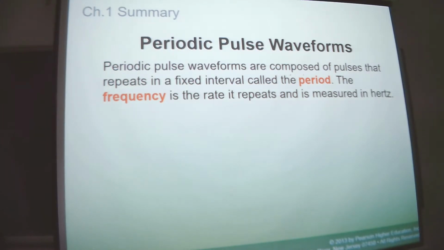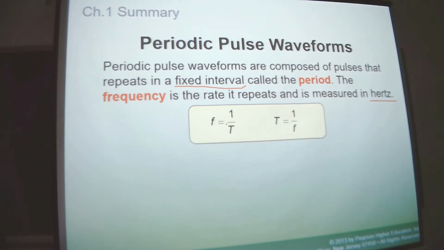Periodic pulse waveforms are composed of pulses that repeat at a fixed interval. The fixed interval is called the period. The frequency is the rate at which it repeats and is measured in hertz. So frequency equals 1 by period, and period equals 1 by frequency.